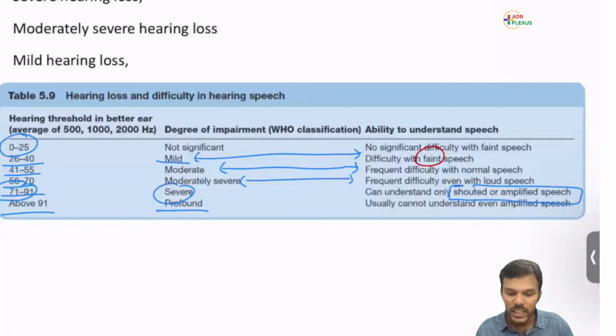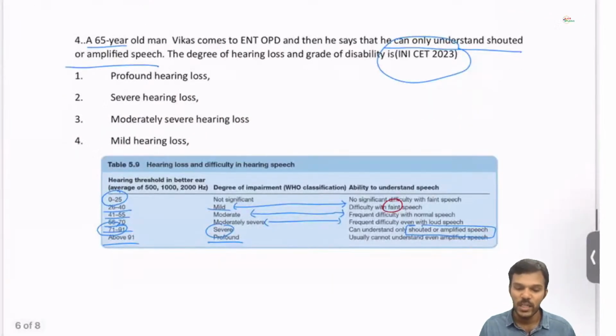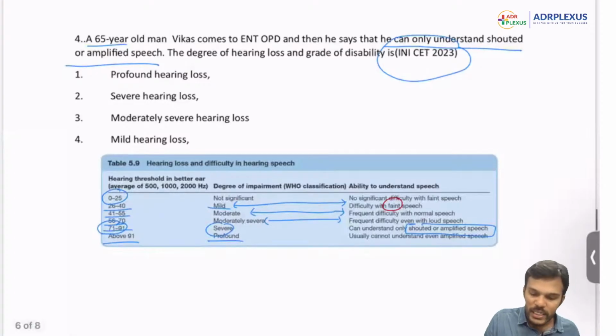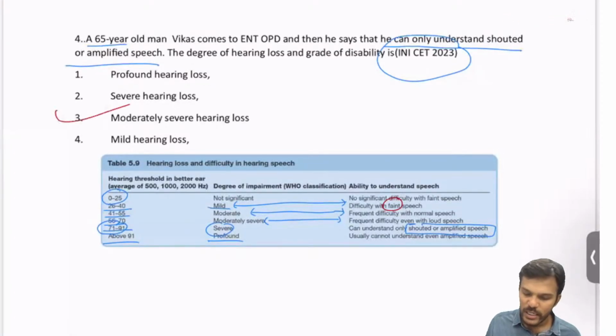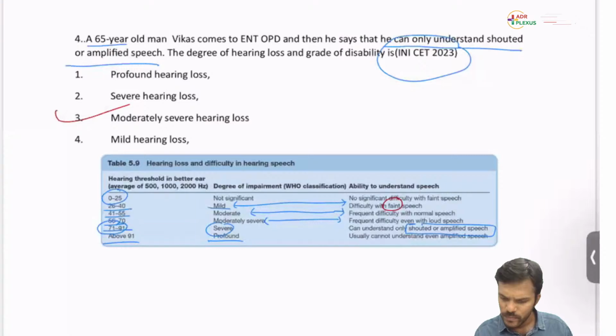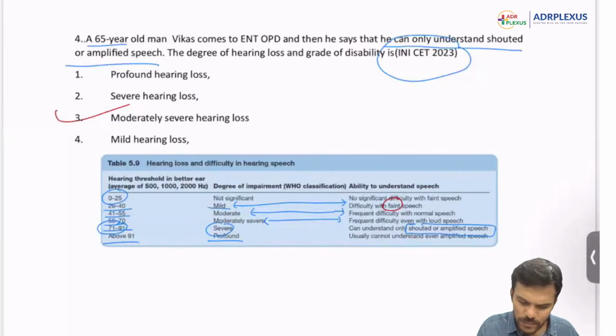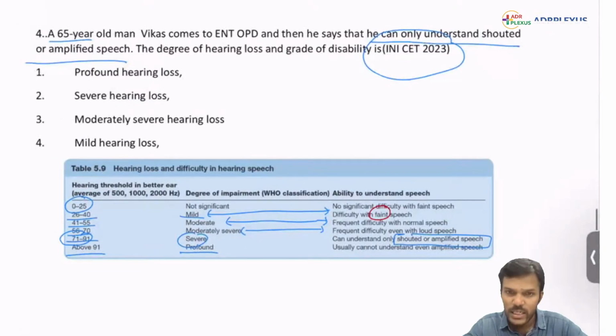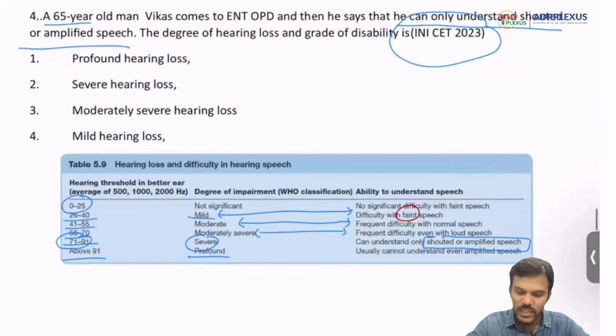So what is given in the question? What is the answer? It is a case of frequent difficulty even with loud speech, a clear cut moderately severe. Wait, give me a clue. He can understand only shouted or amplified speech. It's a case of severe hearing loss.